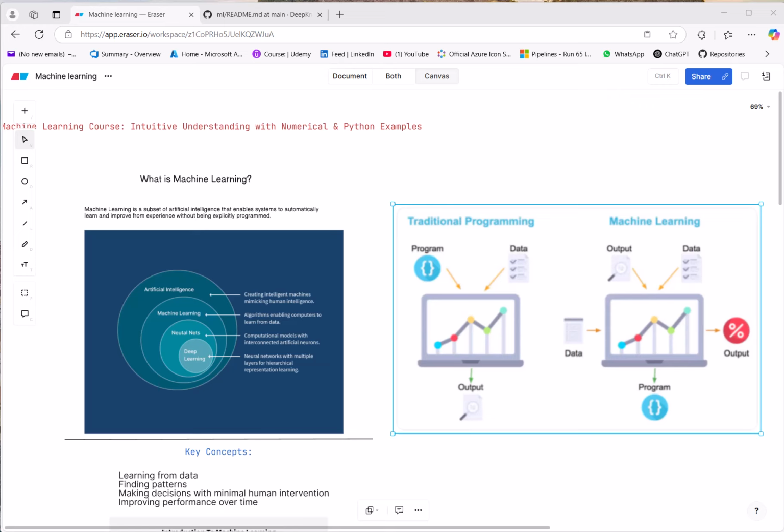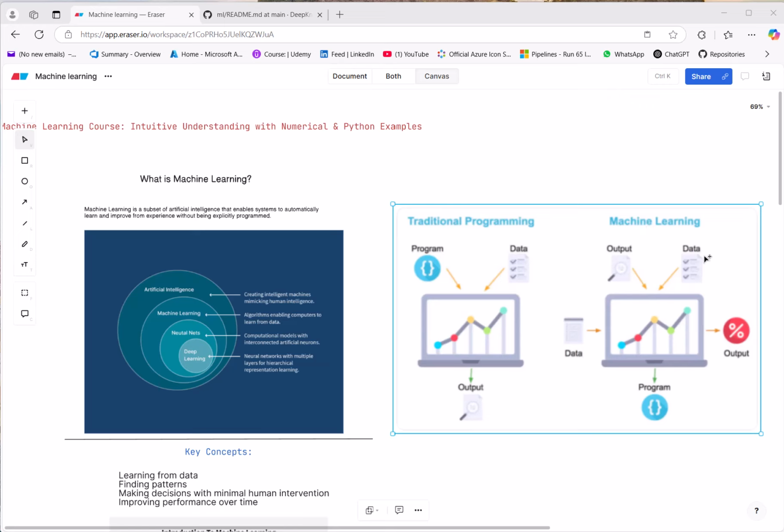It's like training a system rather than programming it. In traditional programming we have a program with data and we have an output. Let's just consider it as a rule-based system, for instance if-else, just keep it as simple as you can.